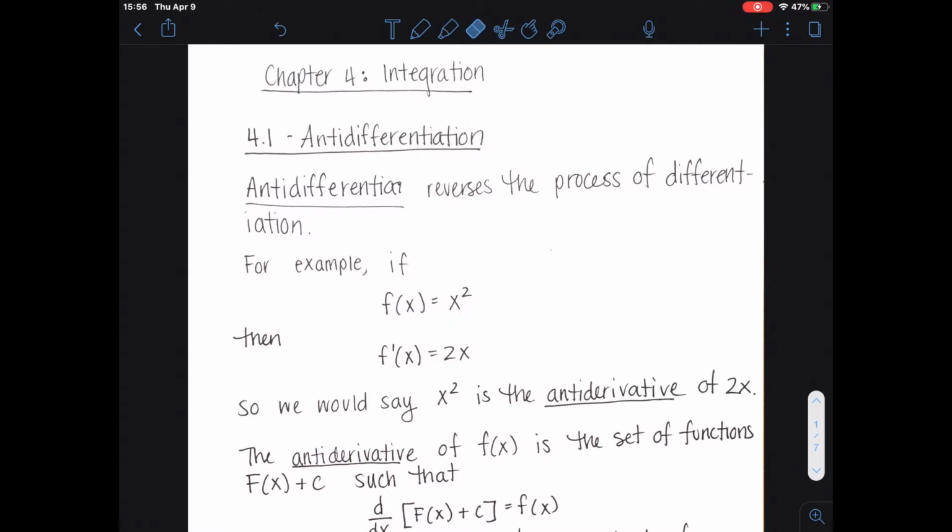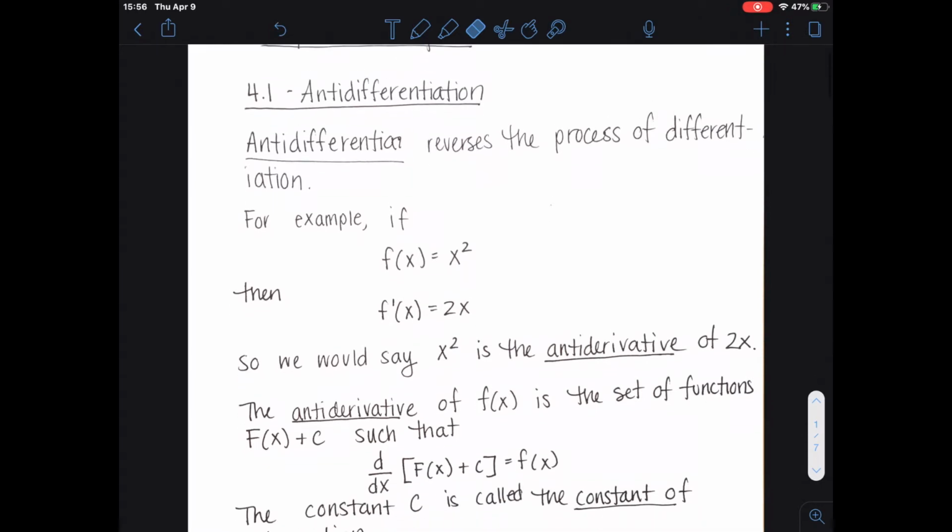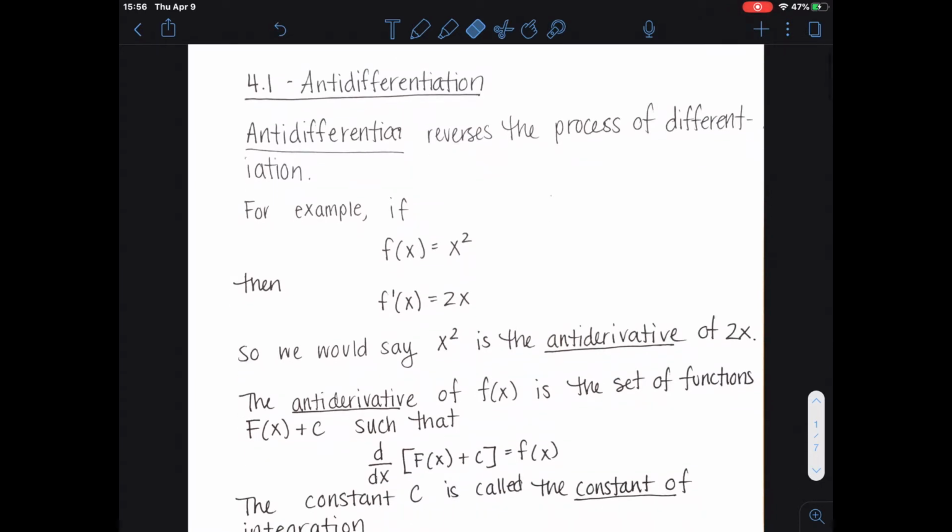Okay? So the antiderivative is going to be a set of functions, which we're going to write as capital F of x plus c, so that when you differentiate F of x plus c, you land exactly back at the function you started with.